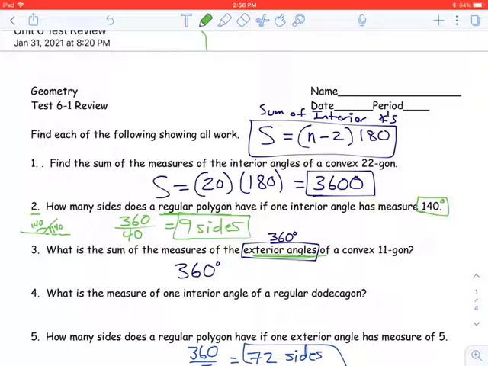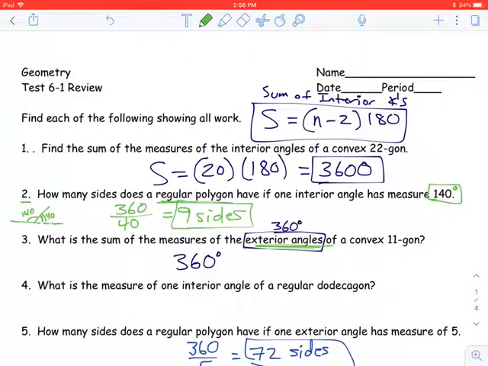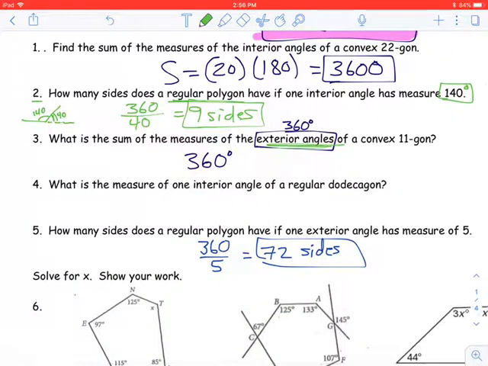Okay? All right. So this is the formula here for the sum of interior angles. The sum of exterior angles is always going to be the same, 360. All right, and number 4, what is the measure of one interior angle of a regular dodecagon?